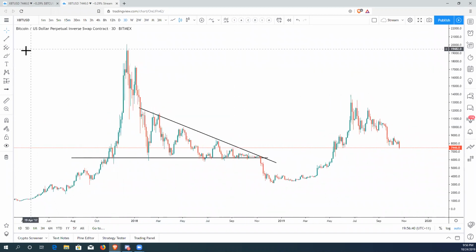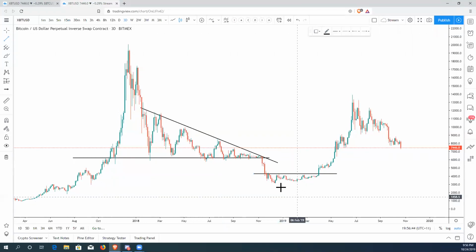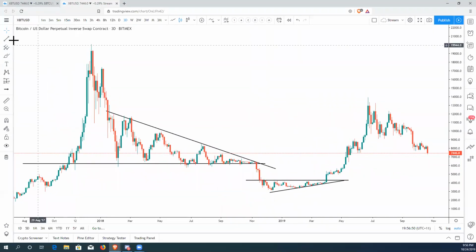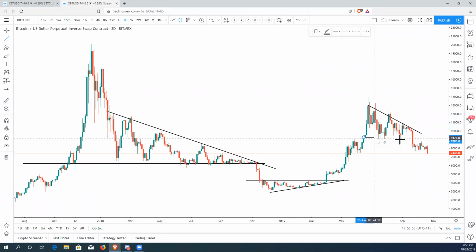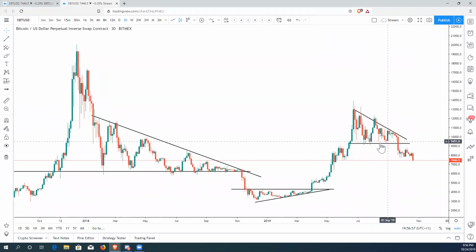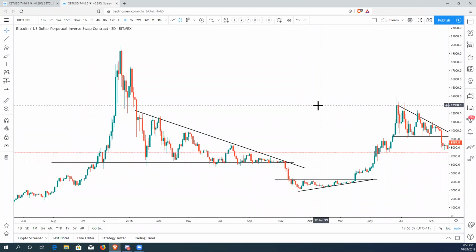And we've also got our ascending triangle down here, which could also have been a symmetrical, and I'll cover that as well. And then you've also got another simple descending triangle over here, which at first also looked like a bit of an ascending as well, because it had a bit of an upside. But we'll cover how to trade these.